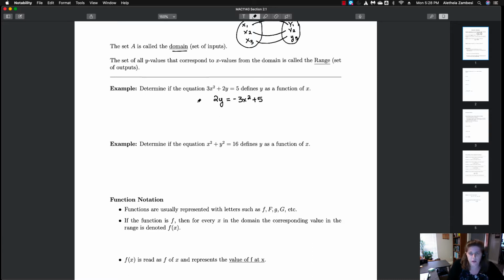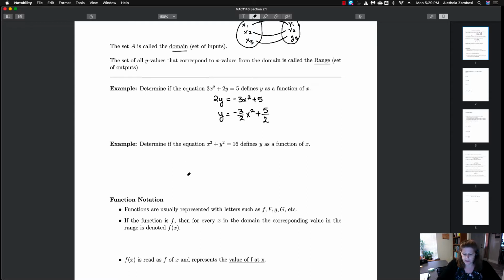Dividing through by 2 to isolate y, I get y is equal to negative 3 halves x squared plus 5 over 2. So since I'm able to isolate y alone on one side, this is a function.